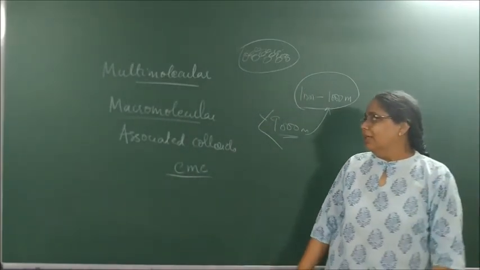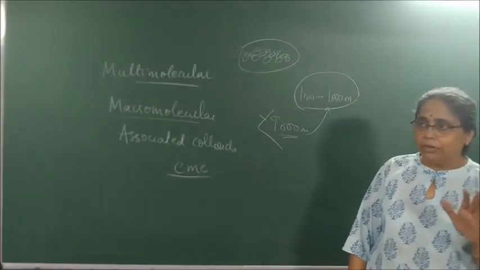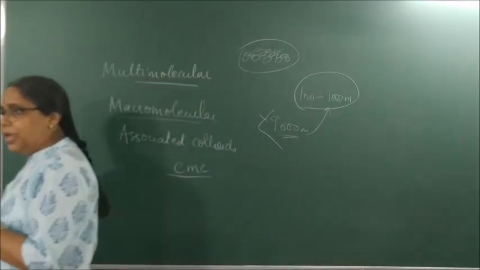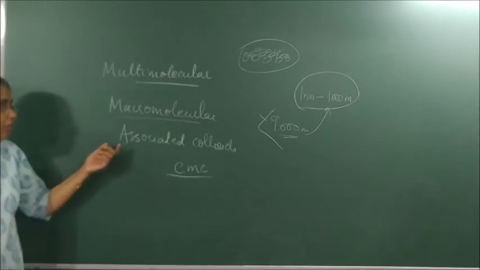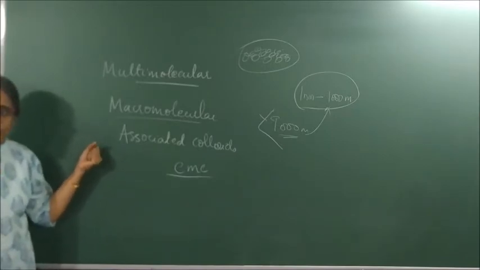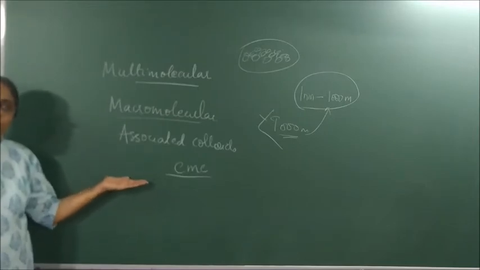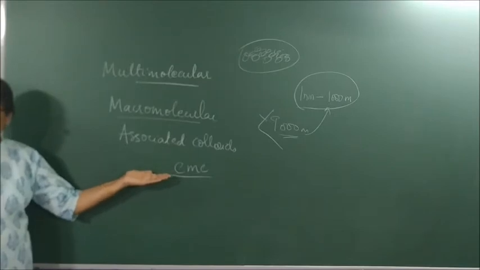Macromolecular colloids. These associated colloids, they generally act as electrolyte at a low temperature, but beyond a certain temperature, they start behaving like a colloid. That temperature beyond which it behaves is called as what? Kraft's temperature, and the concentration beyond which it behaves as a colloid is called CMC, critical micelle concentration.